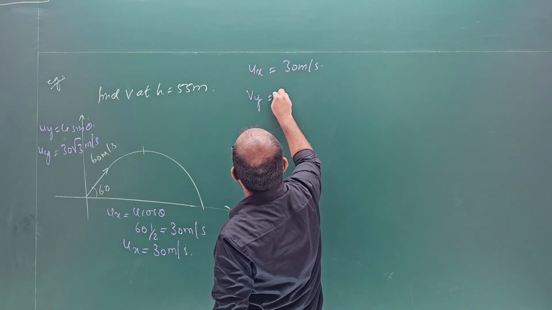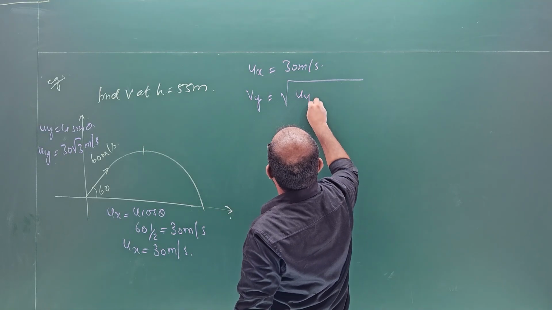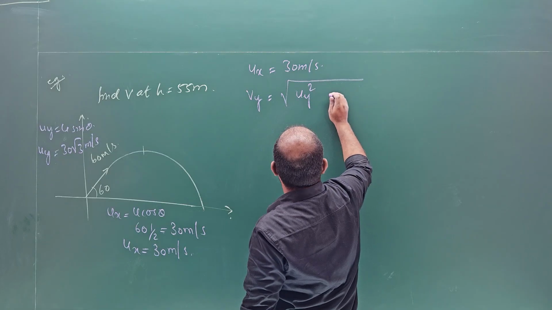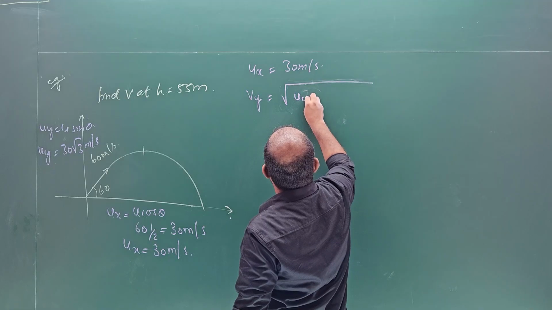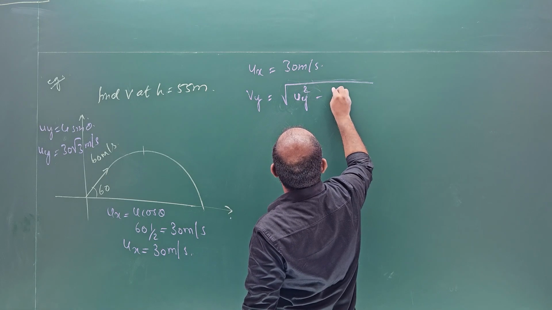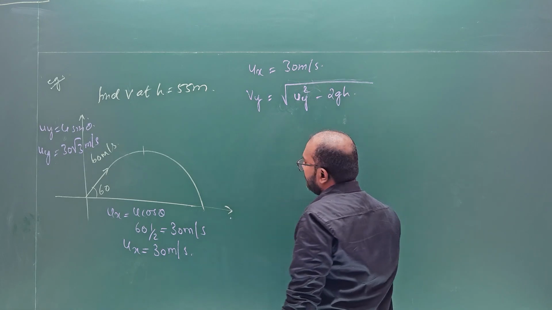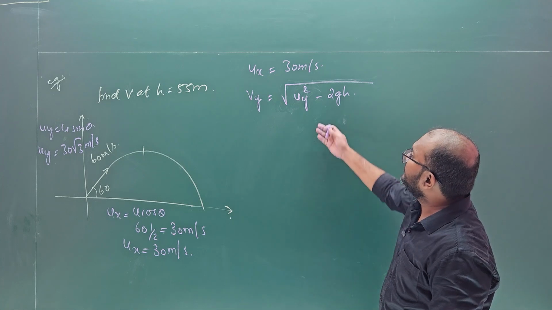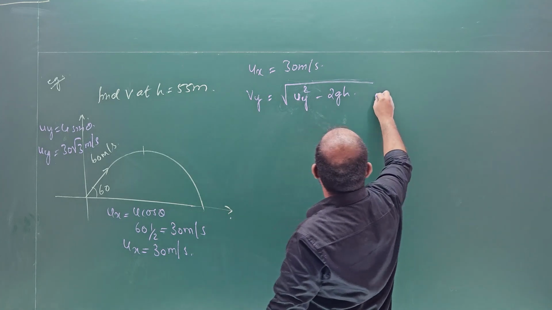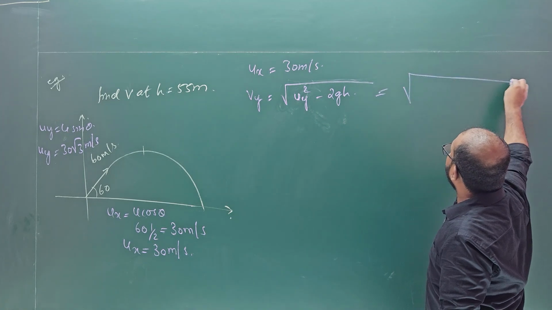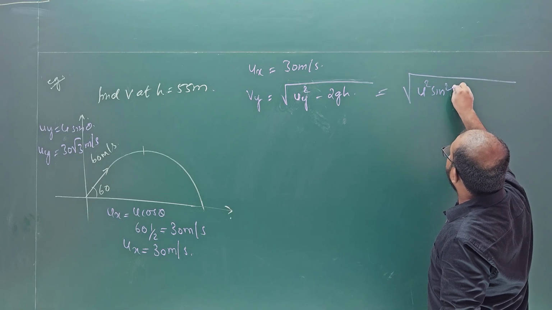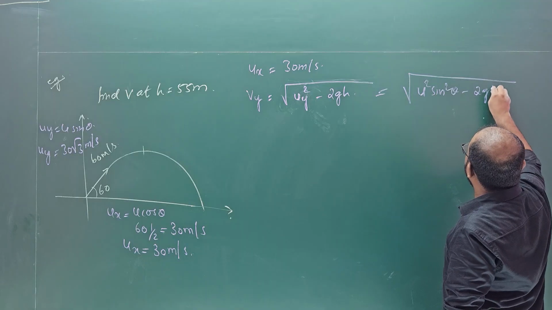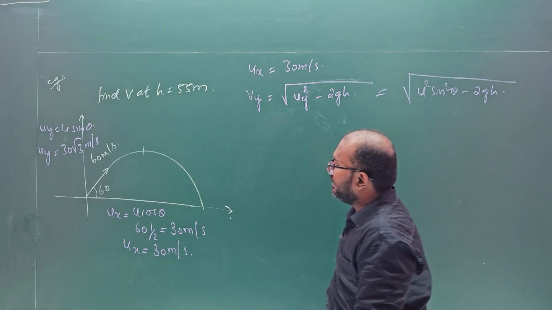So Vy is nothing but under the root of Uy square minus 2gh. Yes or no? Or you can also write this equation as under the root of U square sin square theta minus 2gh. Whatever you wish you can write.